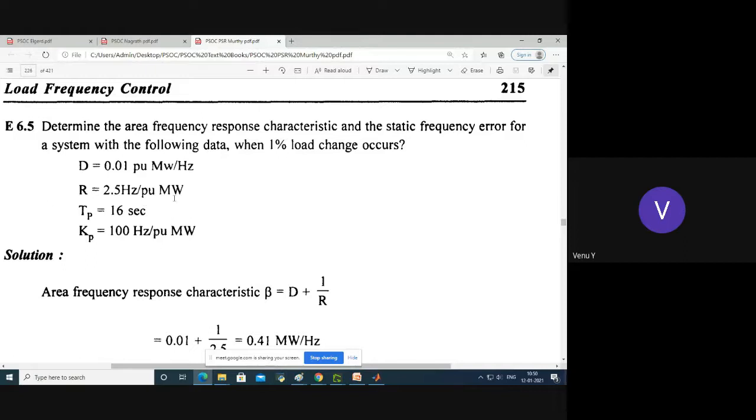You can express it in actual megawatt or per unit megawatt; now let us express it per unit megawatt. Power system time constant TP is equal to 16 seconds; in fact, it is 2H. Kp is 100 Hz per unit megawatt. These are the given parameters.